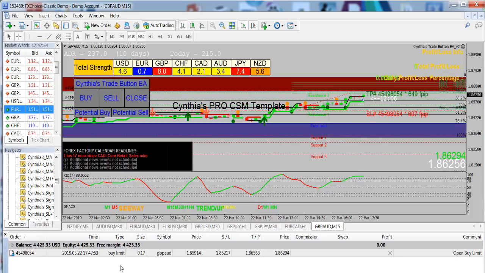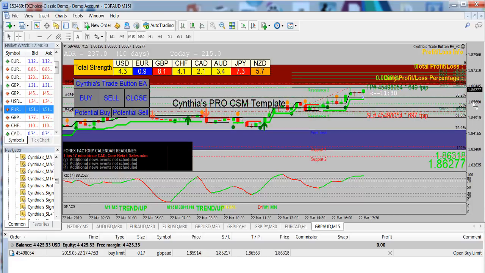And then you'll see that down here it's placed the buy limit order, and it has the trigger price, and it has a stop loss and take profit. And now this order is set up to be triggered if price pulls back to the 1.85914.